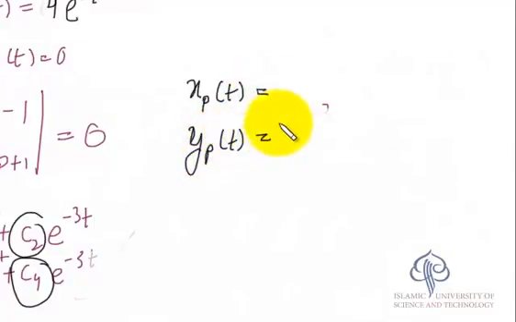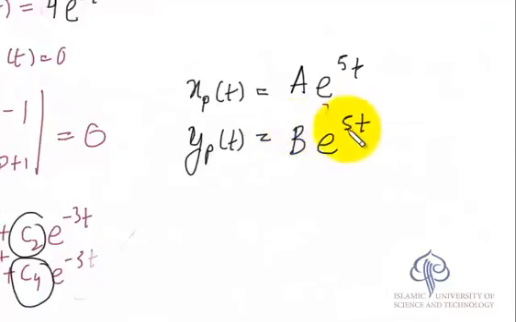So the particular integral for x is going to take this form, right? So it will be some a e to the power 5t, and similarly the particular integral for y will also take this form, so it will be some b e to the power 5t.